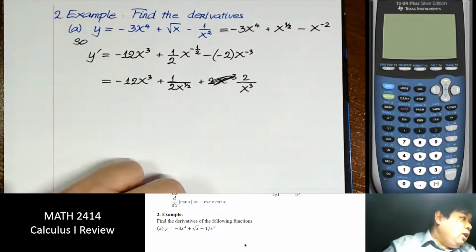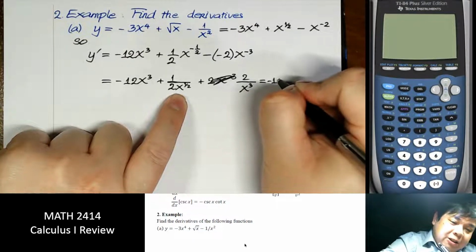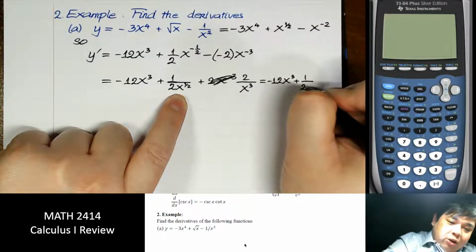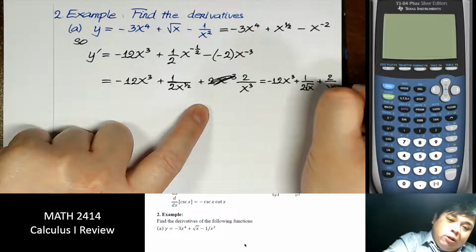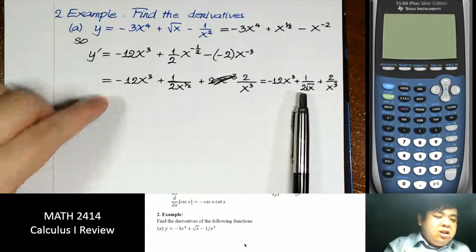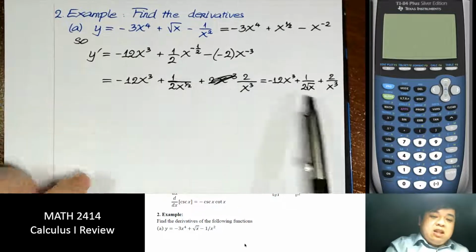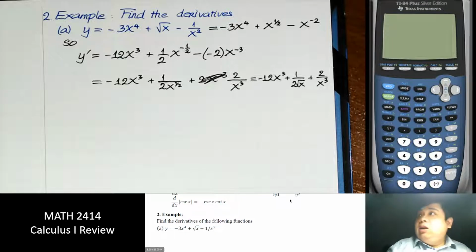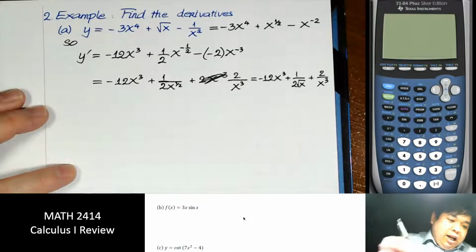And finally, x to the 1/2 we write as square root of x, and then 2 over x cubed. So we don't have to write it like this; the derivative could be any of these forms. Next.